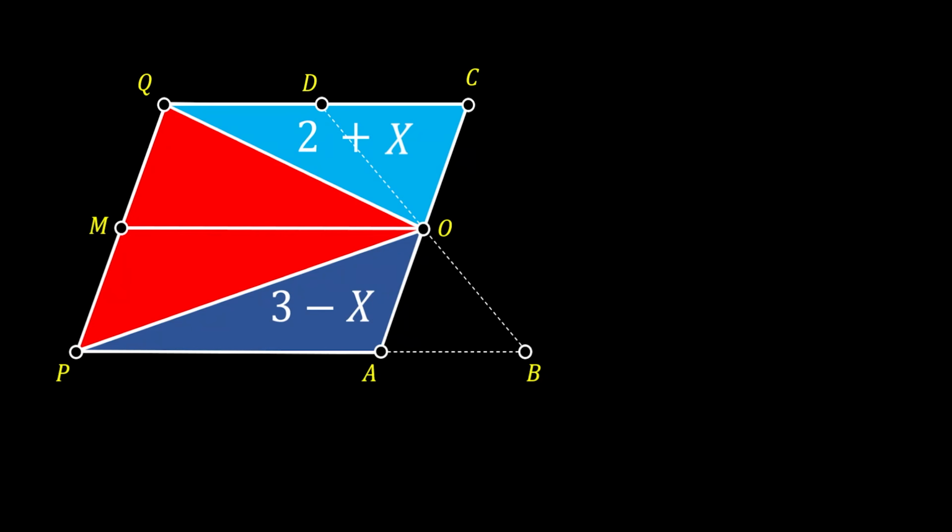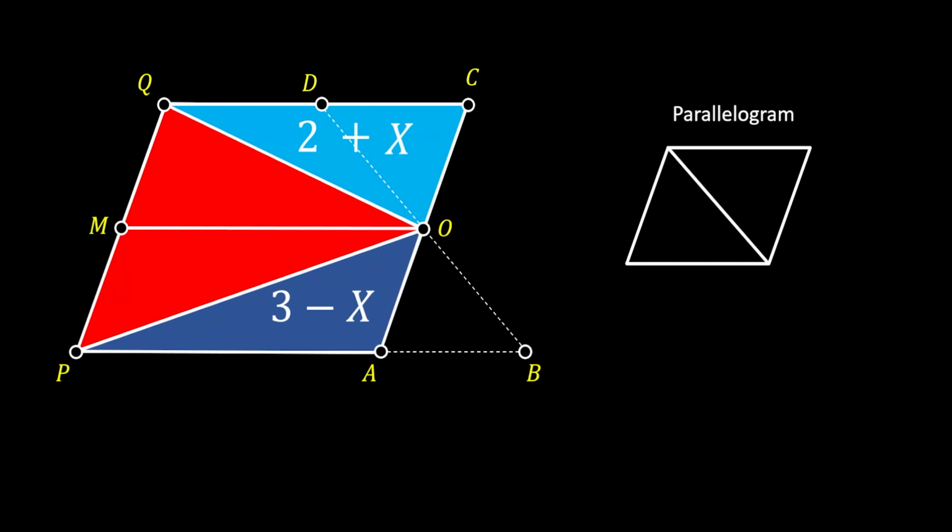Alright, so now finally we just need to know a property of parallelograms: if we have a parallelogram and we pull a diagonal, the diagonal will always divide the parallelogram into two triangles with identical areas. Why is this important?